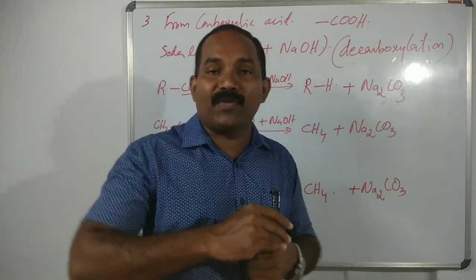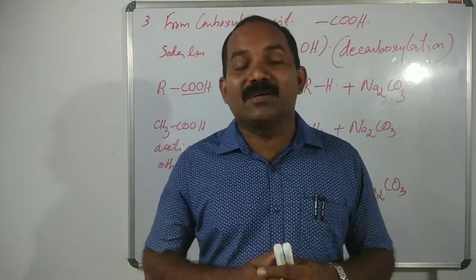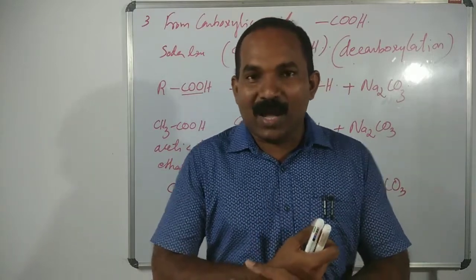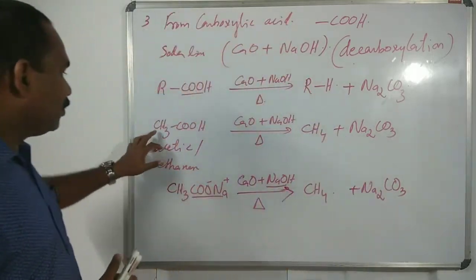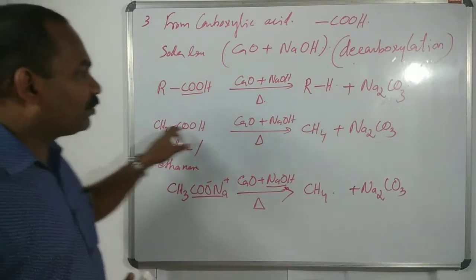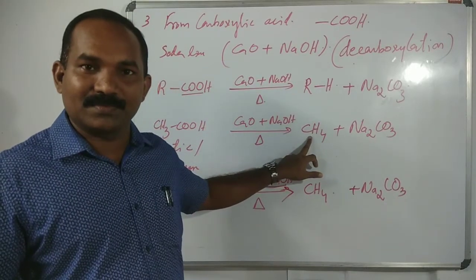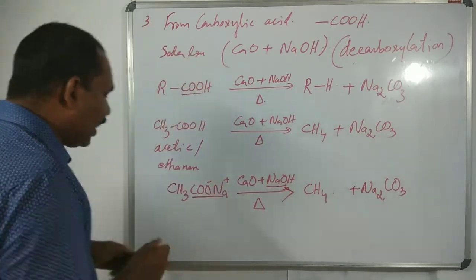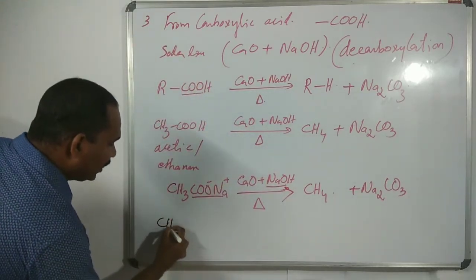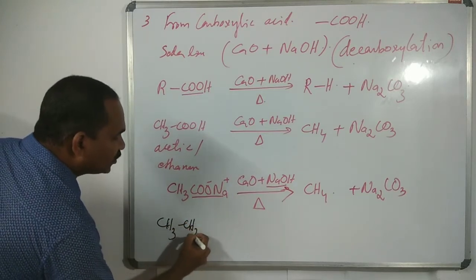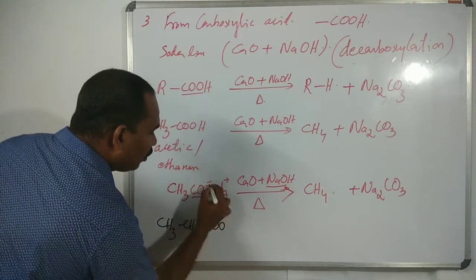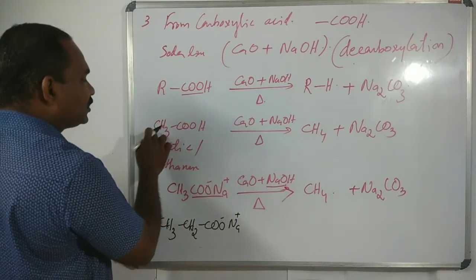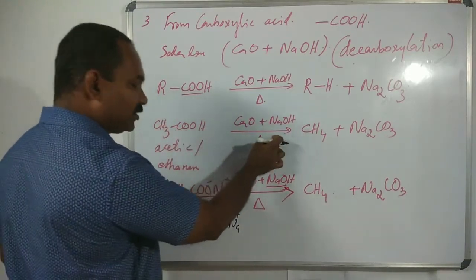So what we get is a hydrocarbon, we get alkanes. And I think you understand one thing, we can prepare methane. Methane can be prepared by decarboxylation. Another one, CH3CH2COO minus Na plus, or you can write CH3CH2COONa like this.